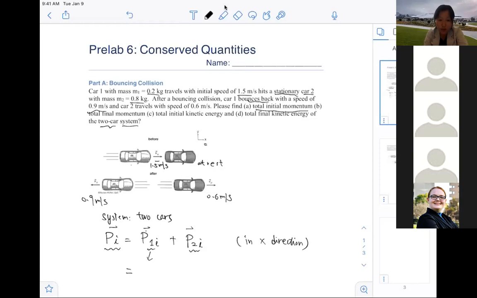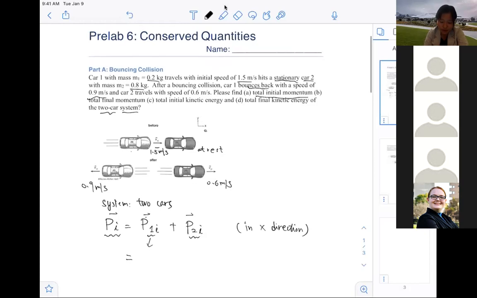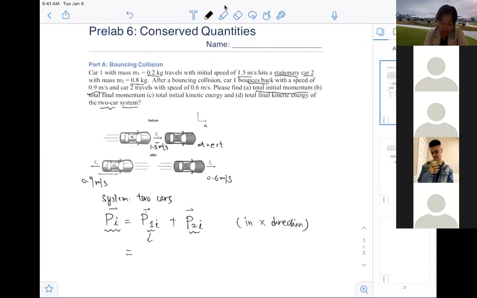Anybody have any thought? M1 V1. Okay, M1 V1, very good. And it's initial, right? V1 initial, so I'm going to add 1i as the subscript. Very good. And then P2 will be very much alike. It will be M2 V2 initial.